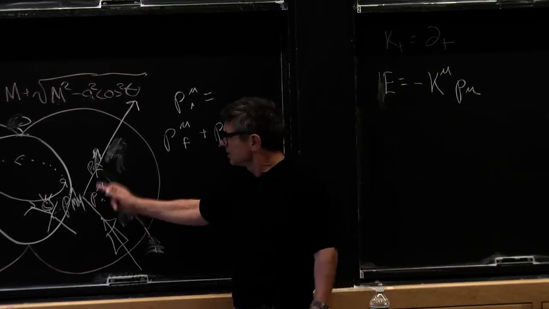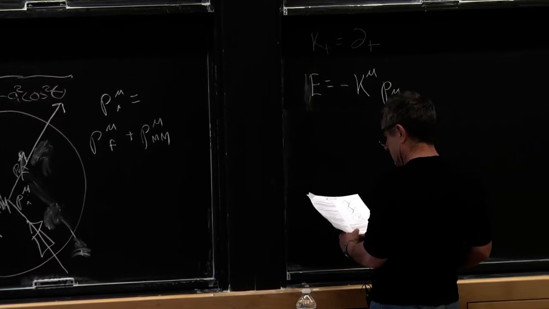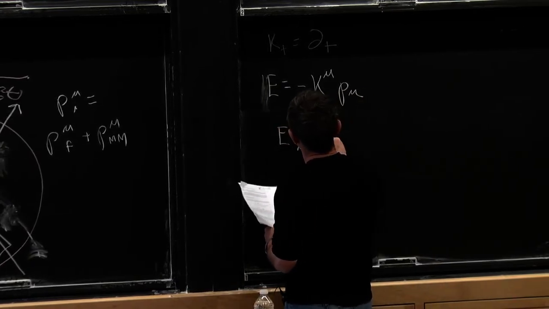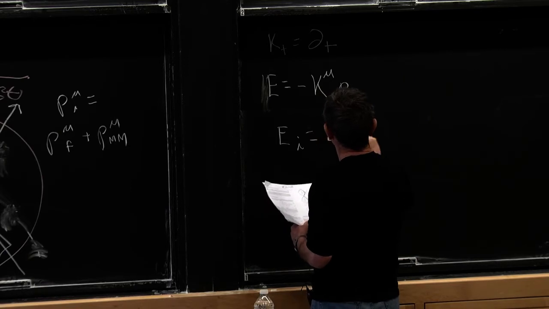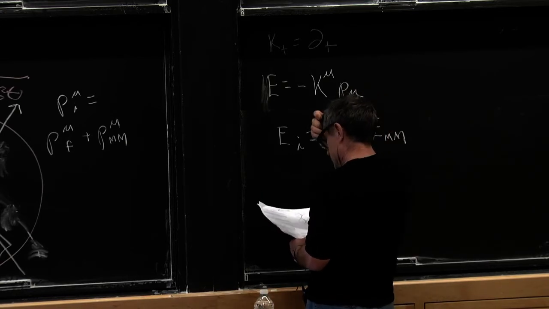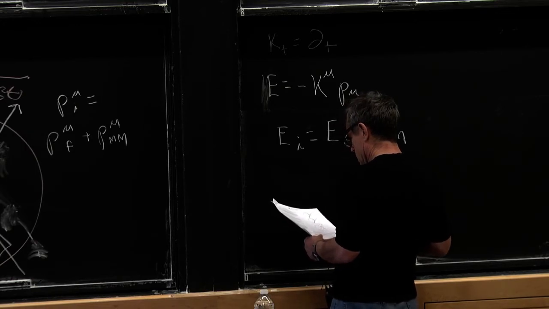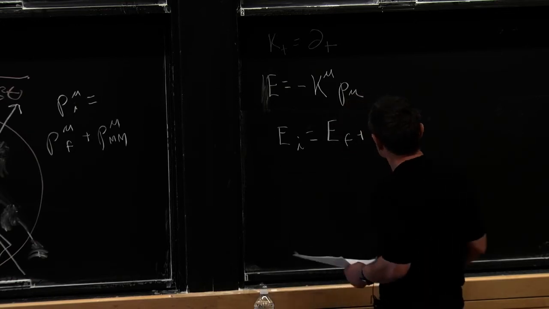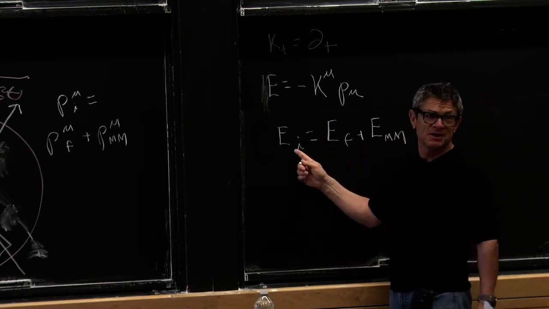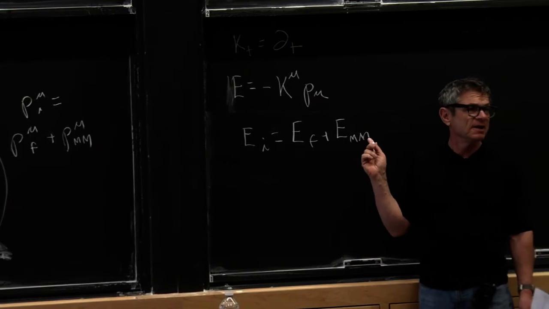So since these things are all equal at the point, we conclude that E initial is equal to E final plus E Matthew McConaughey. Okay. So what we want is for E final to be greater than E initial. And that's possible only if E Matthew McConaughey is negative.